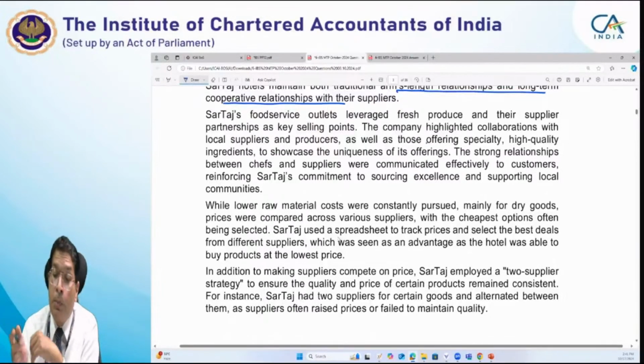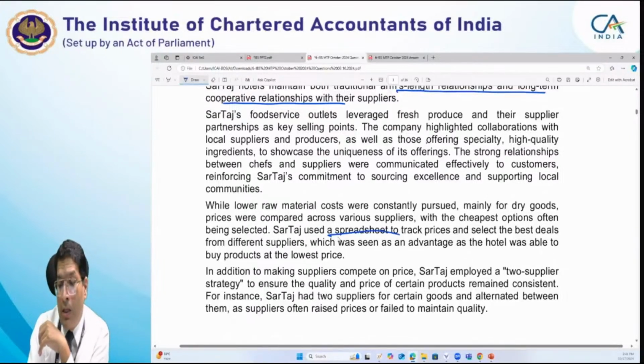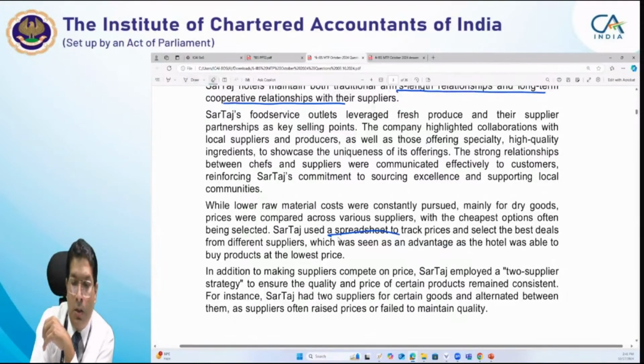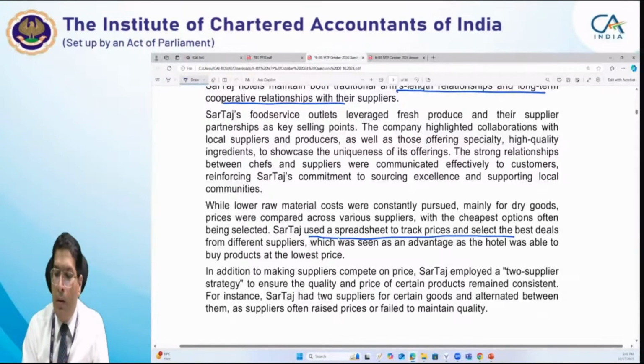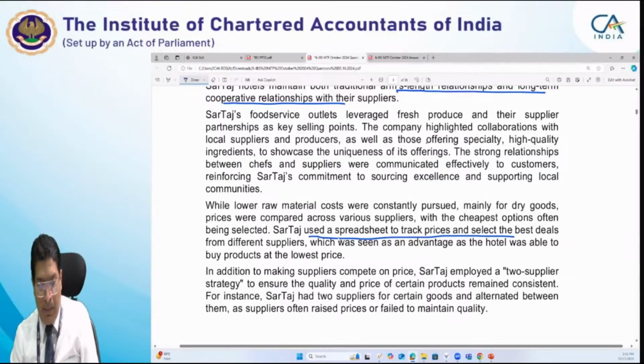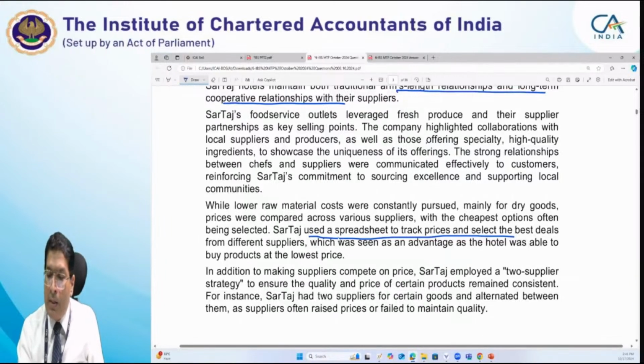Sartaj used a spreadsheet to track price and select the best deals from different suppliers, which was seen as an advantage as the hotel was able to buy products at lower price.